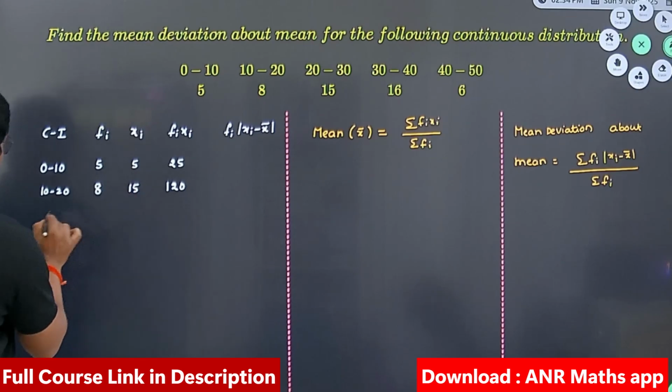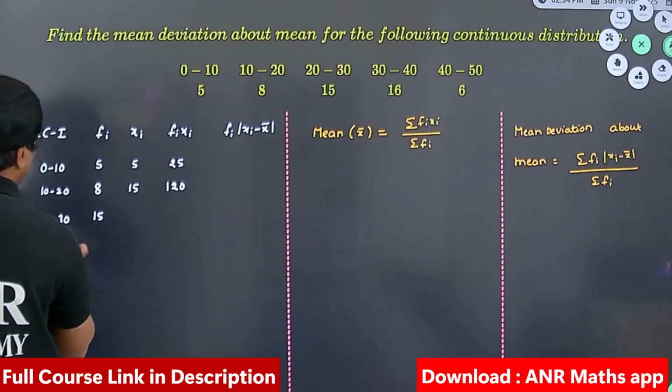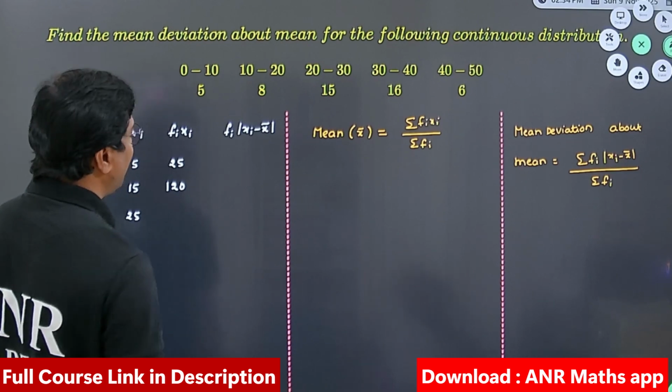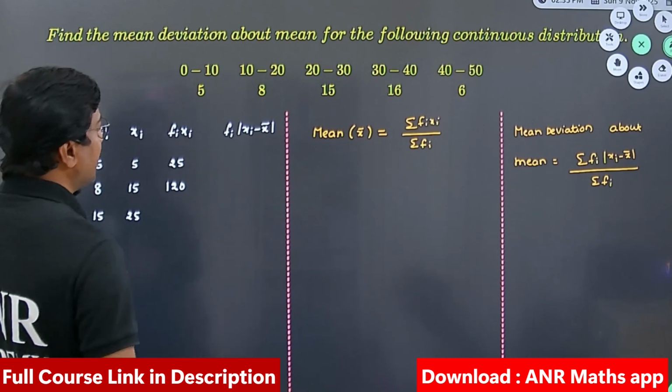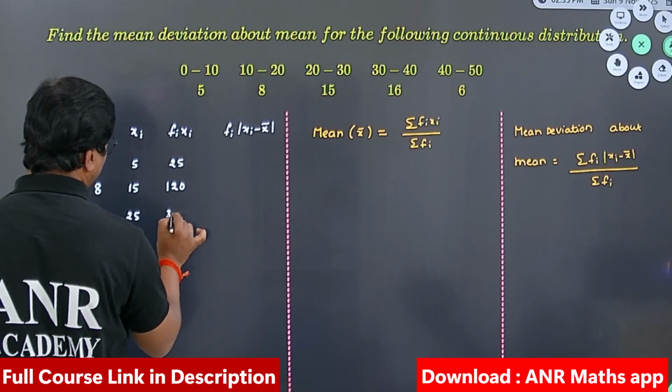Next interval 20 to 30, in which frequency is 15, mid value 25. Next 25 into 15, that is 375.